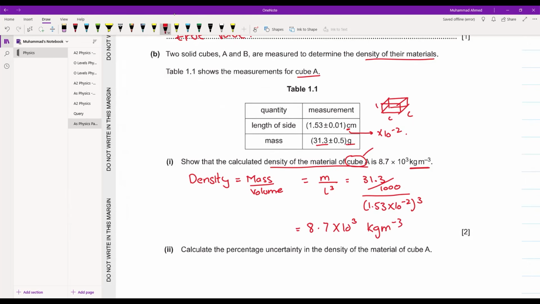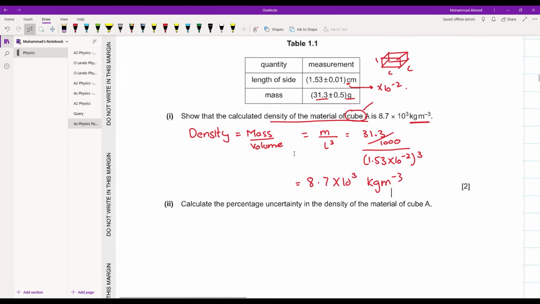Next, you have to calculate the percentage uncertainty in the density of the material of cube A. Density is equal to mass over L cubed. The percentage uncertainty in density is equal to the percentage uncertainty of mass plus 3 times the percentage uncertainty of length.